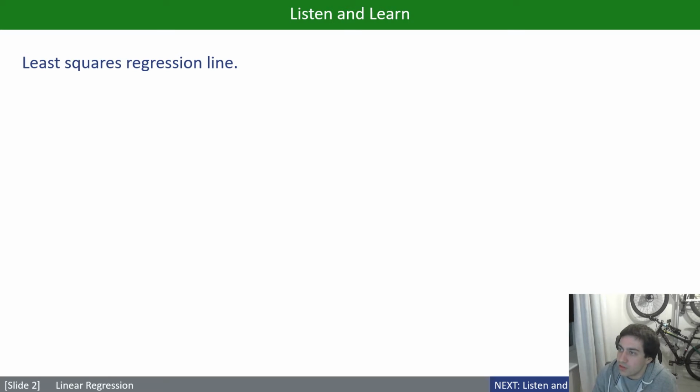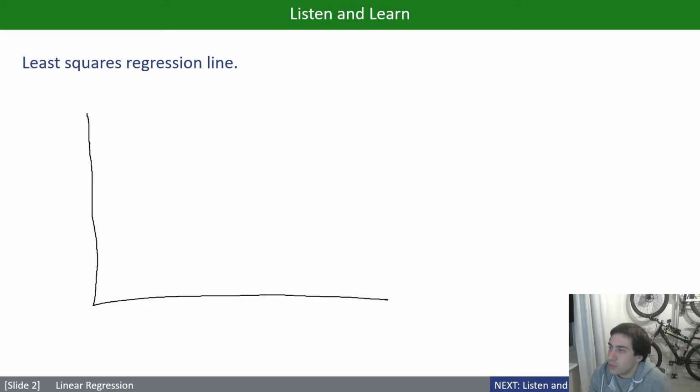So here's what's going on. Let's draw a set of axes, and then let's stick with 3. I'll do 3 random points. And what we're going to do is draw some line. Let's say it's not the perfect one.